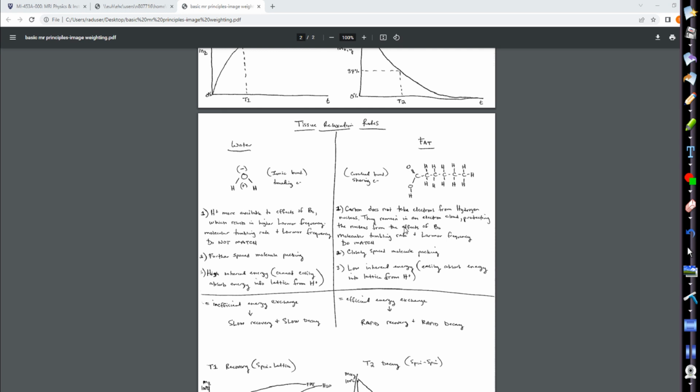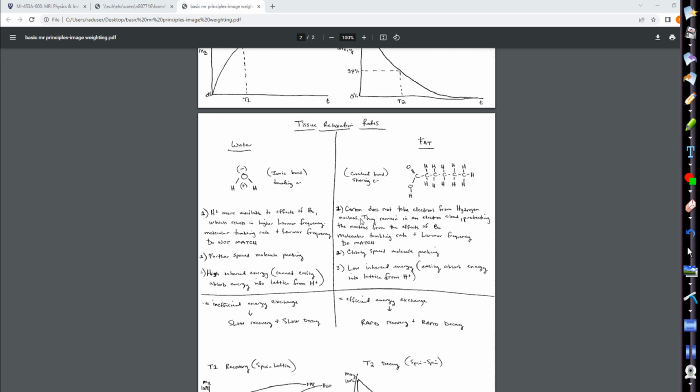So that's why, in terms of giving off energy to the lattice, the Larmor frequency matches up a little bit better, so it's going to give off energy to its surrounding tissue a lot quicker. And in terms of T2 decay, this is a very big molecule, and if you put fat in the beaker, it just kind of sits there. It's not free-flowing, so it's going to give off energy to the neighboring spins a lot easier as well.